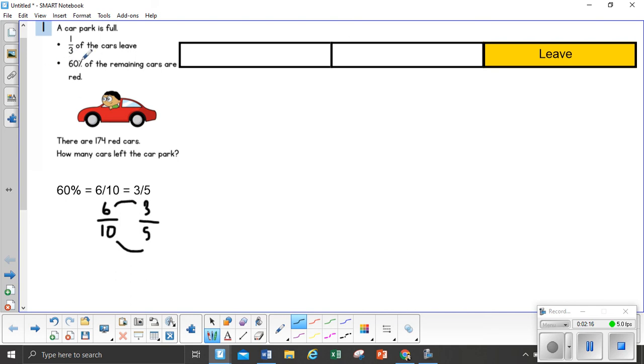Now 60% of the remaining cars, which is these 2/3 here, are red. So now I need to split these 2 bars into fifths. Let me try to do that.